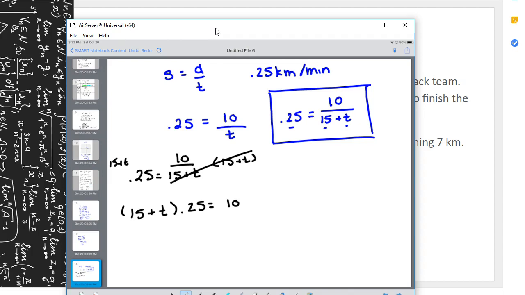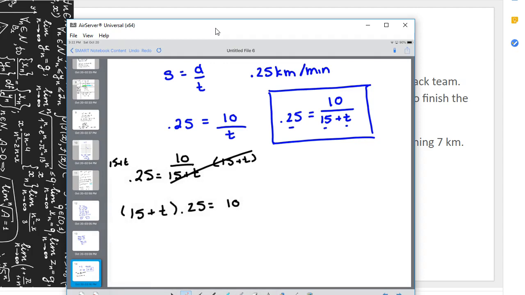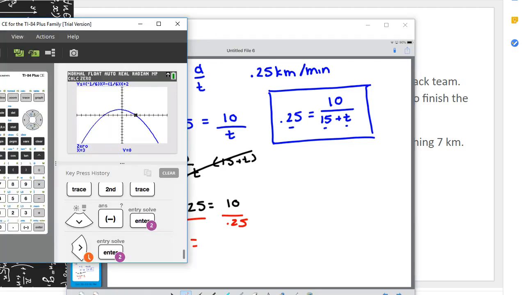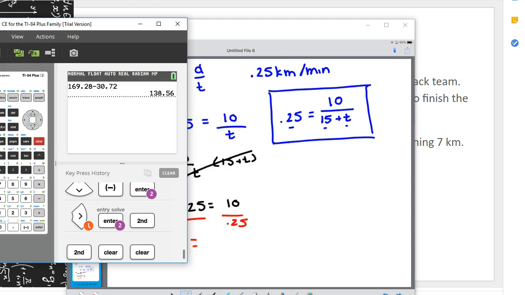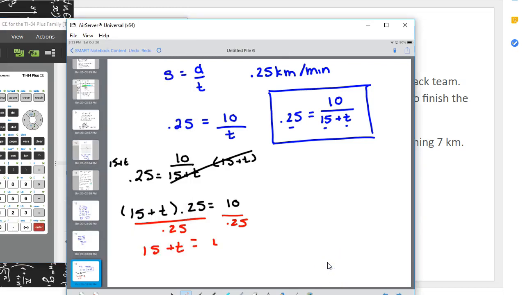Now I want to continue to isolate t, so I'm going to have to use my knowledge of BEDMAS. So I'm going to divide both sides by 0.25 to get 15 plus t is equal to 10 divided by 0.25. Well, what's that on my calculator? 10 divided by 0.25 equals 40.